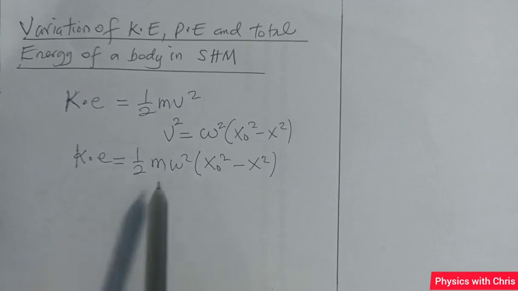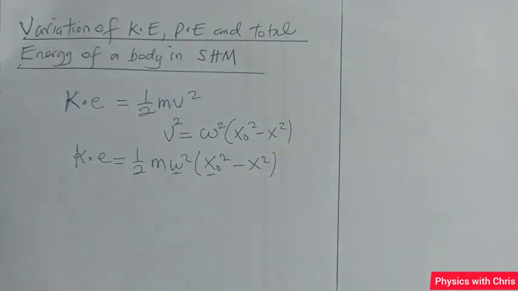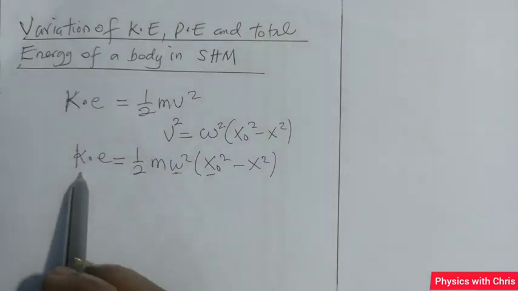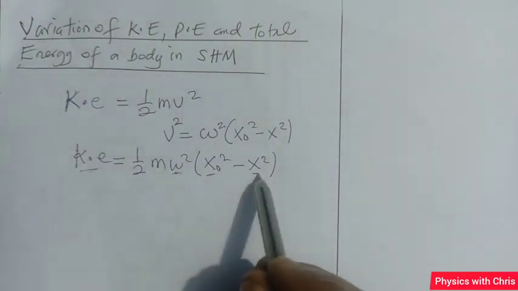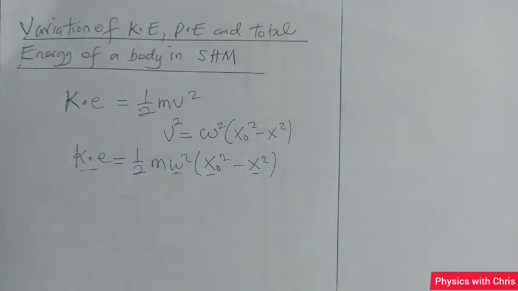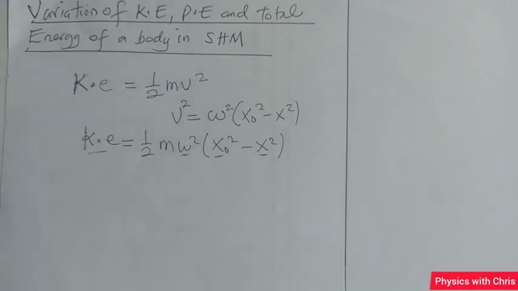You can see that the mass is constant, the angular frequency is constant, and the amplitude is constant if there is no loss of energy, which means the kinetic energy of the body varies with the displacement x of the body. So at any given displacement between the two extreme positions of oscillation, we can find the kinetic energy. Let's bear that in mind.